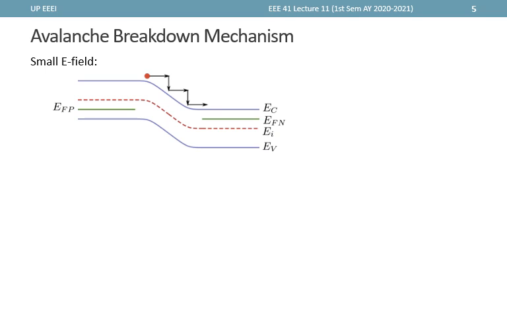The diode enters a breakdown region through what we call a breakdown mechanism. So the first one that we'll discuss is what we call the avalanche breakdown mechanism.